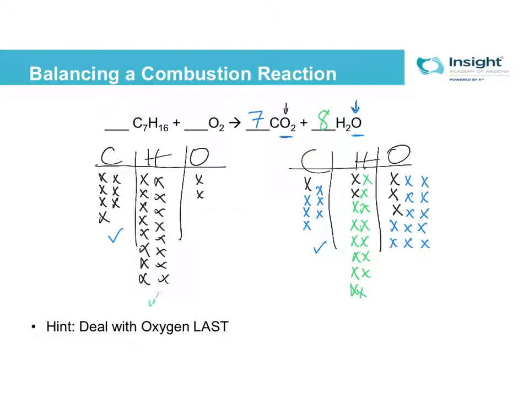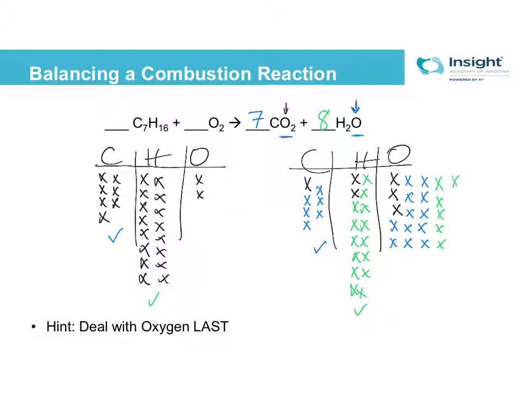So now hydrogens are fixed. Except I'm almost forgetting something here. What am I forgetting? Hopefully you're saying, oh, you've got to fix your oxygens. So I've got 14 from the CO2, and then 8 from the water, so that makes 22.